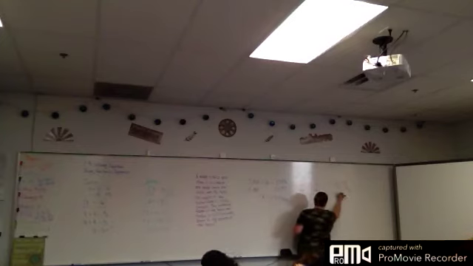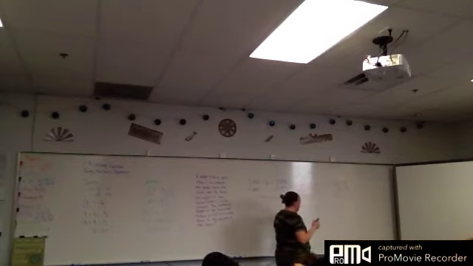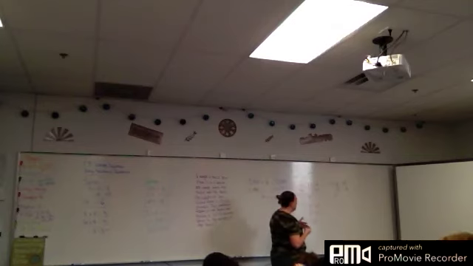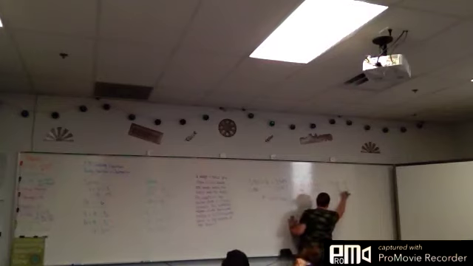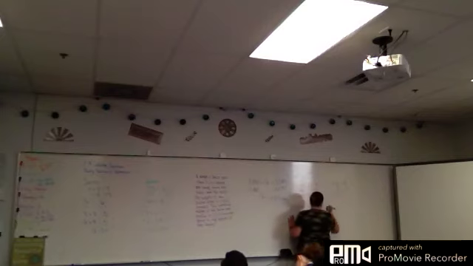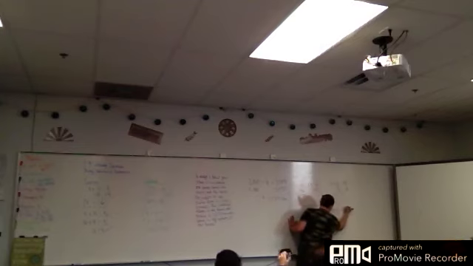So x equals, what's 19 minus 8? 9 minus 8, 1. So x equals 11. Now I'm going to come back and check my answer. 11 plus 8 equals 19.